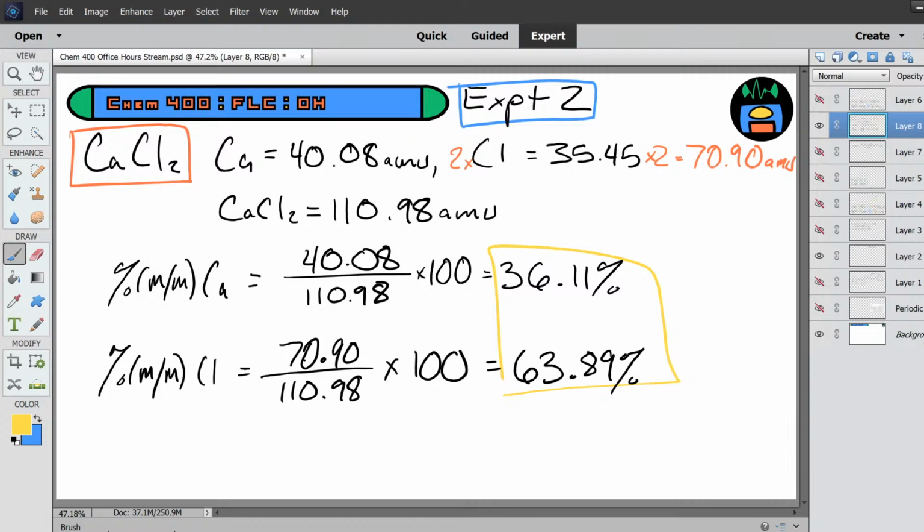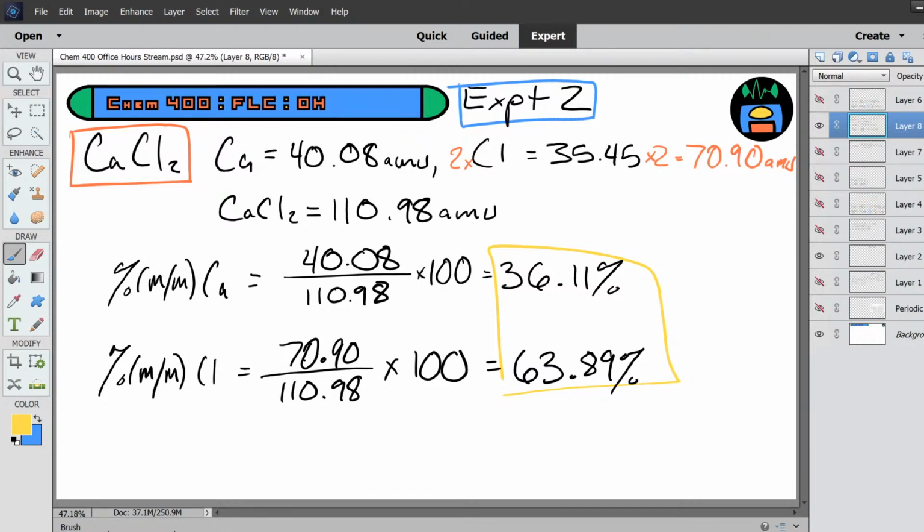But I will say this: there's no periodic table that'll give you atomic masses with less than 2 decimal places. So these should all have at least 4 sig figs. So your 36.12, spot on. Your 63.9 though, I would say you need a second decimal place there, if you want it to be acceptable, if that makes sense.